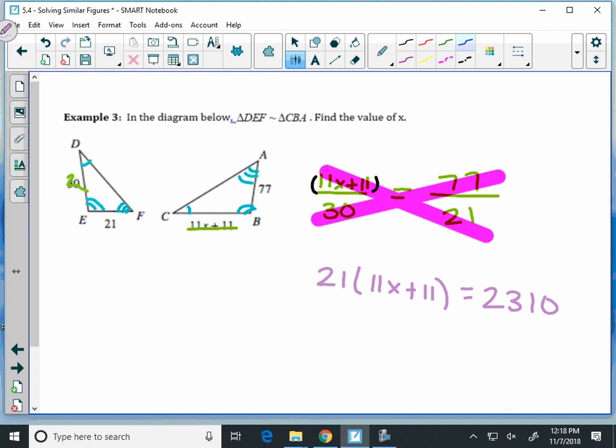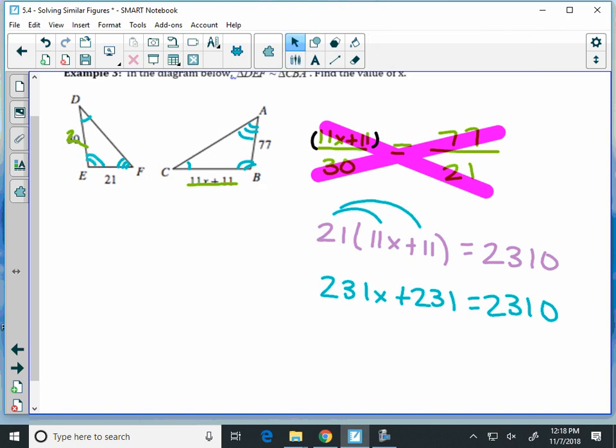And then when we solve, what do we have to do with that 21? Distribute it. So we distribute that 21. It's nice because it's all 11. What's 21 times 11? 231. Plus 231. And then we just solve it like a normal equation. So this 231 we're adding, how do we move it over? Subtract it.